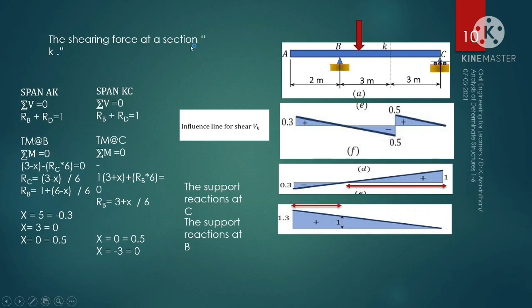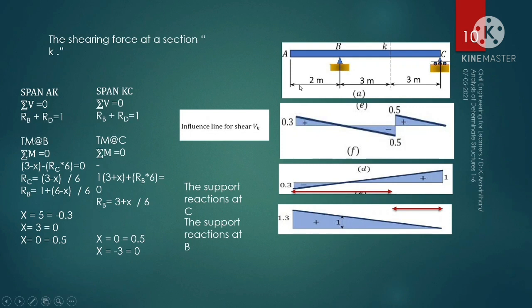The shear force at section K is required. So if I am providing the force just left to K, which might be some x distance, a very small distance, I have explained that take the value. So whatever the value you got in support reaction at C, the same value you will be getting.